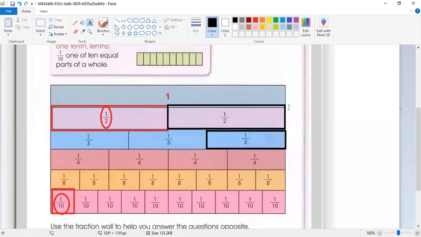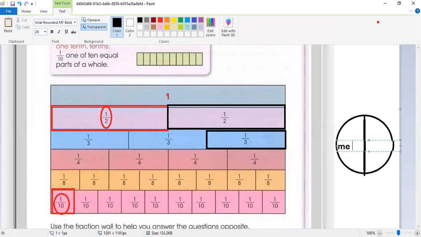For example, if I have a cake, and I'm dividing this cake with my sister only, how much will she take? Of course, she will take half and I will take half. See, if I'm dividing this with my sister, I will have the bigger piece. This is for me and this is for my sister.